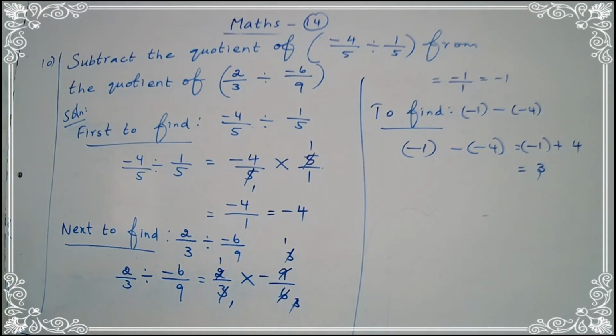Okay. Now write it in your classwork note. 10th question. Subtract the quotient of minus 4 upon 5 divided by 1 upon 5 from the quotient of 2 upon 3 divided by minus 6 upon 9. Okay. First find the value of the quotient of minus 4 upon 5 divided by 1 upon 5, and find the value of the quotient of 2 upon 3 divided by minus 6 upon 9.